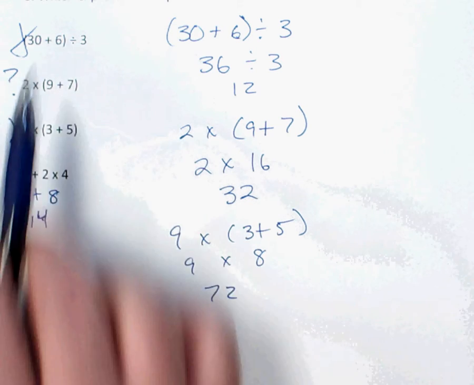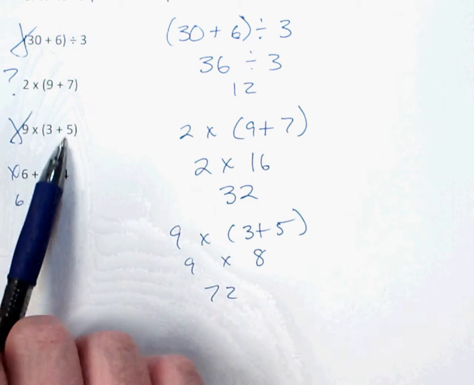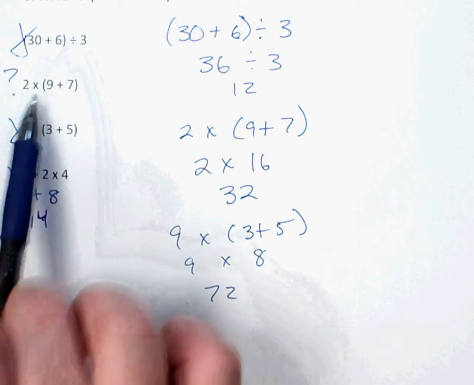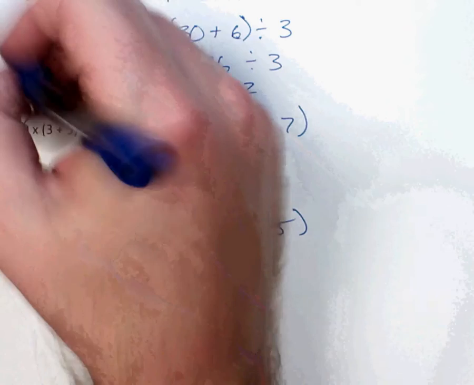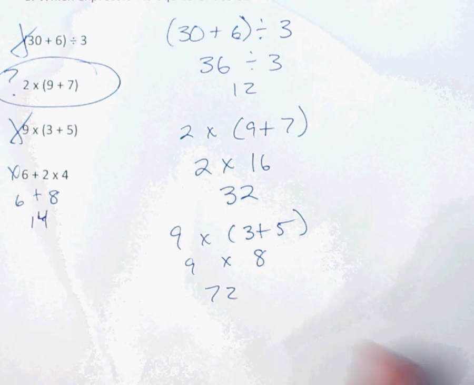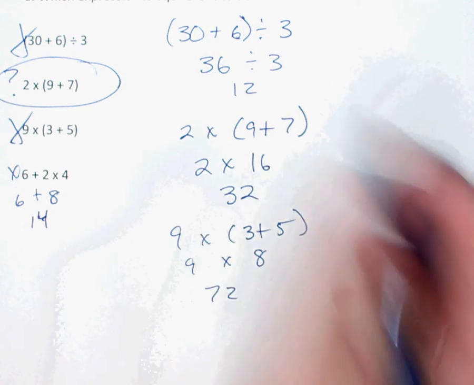So on all of these, pretty much had a parentheses with an addition and then some kind of an operation after. So pretty easy to knock those out. And this was my correct answer, because that actually gave me 32, which is what I needed.